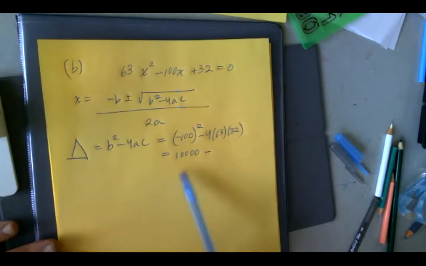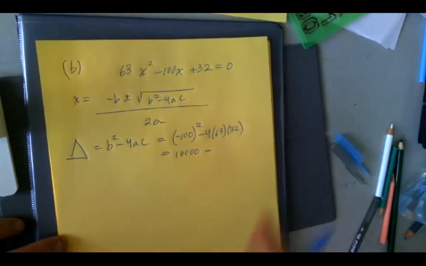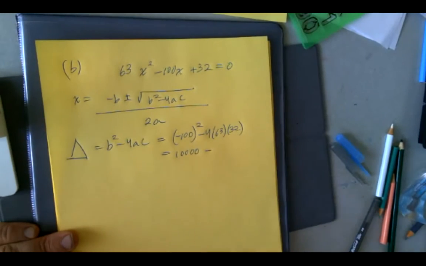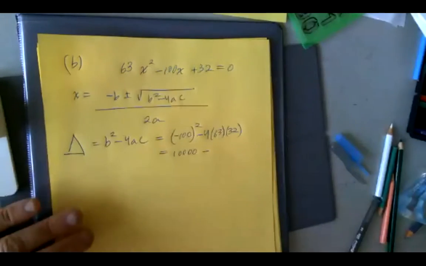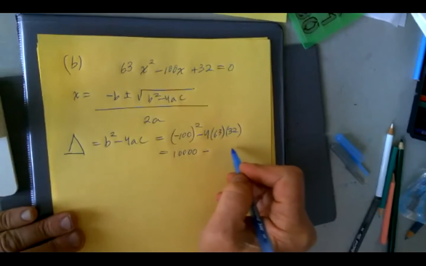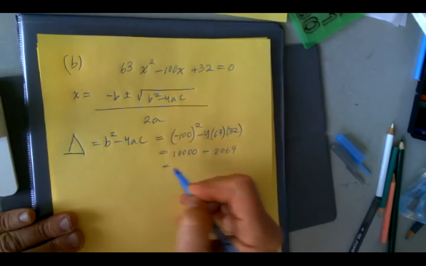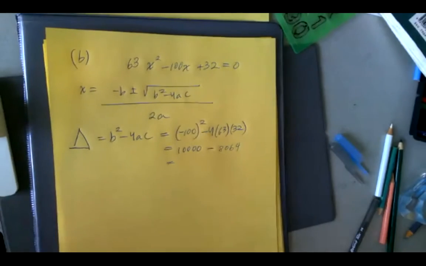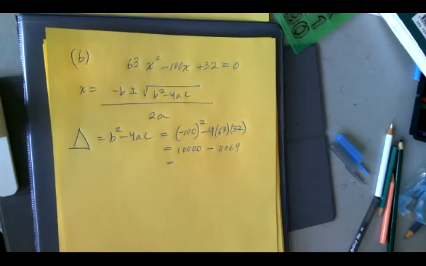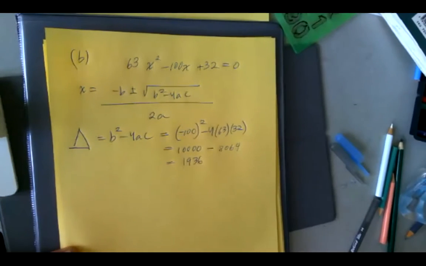Can someone tell me what this whole thing equals? Let me do it by hand. 8,064. Oh, this right here is 8,064? Yes. Okay, that looks like it. I finally found my phone, by the way. What's that equal? 1936. So hopefully that's a perfect square.